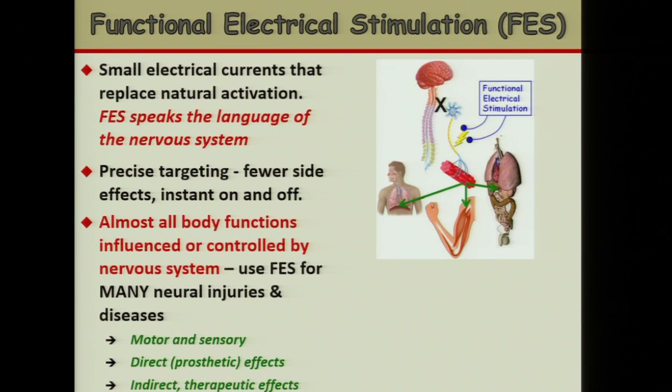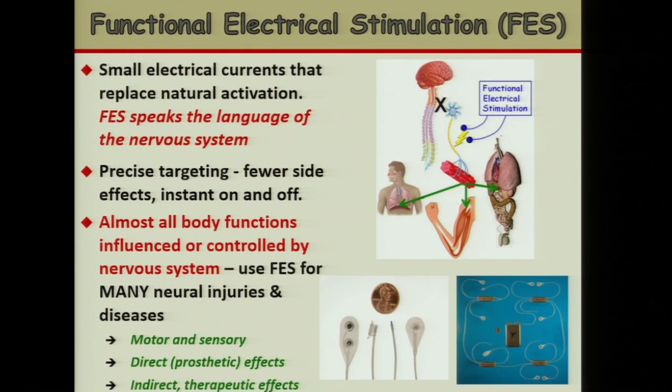So it can be used in many different neural injuries and diseases. These could be motor and sensory, somatic functions. They can have direct effects, causing the arm to move, causing the hand to close, or they can have more indirect therapeutic effects, such as on the internal body function or some psychological state.